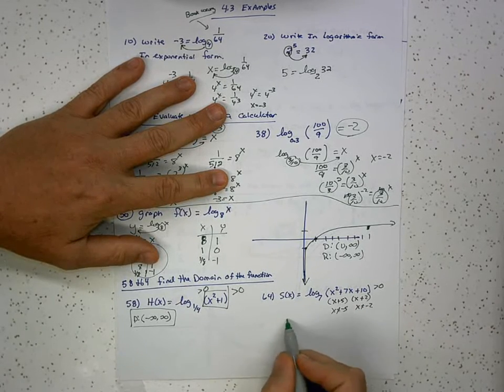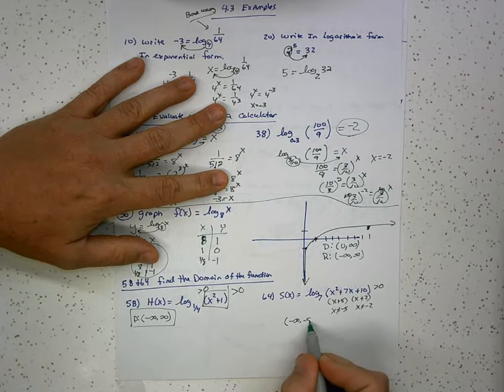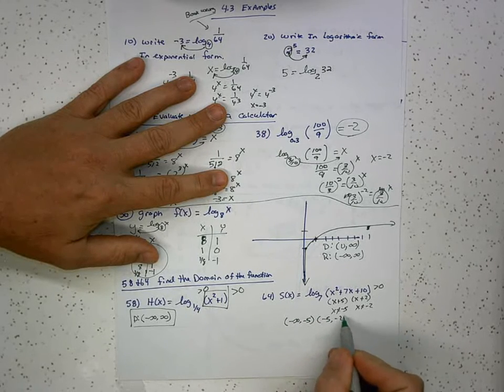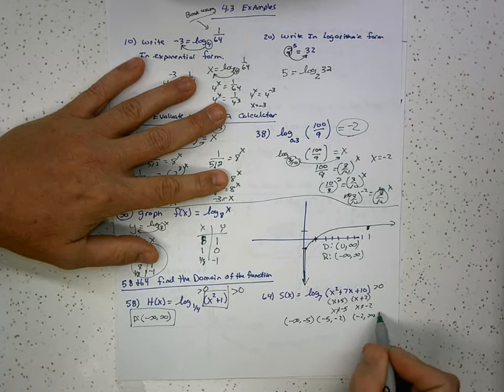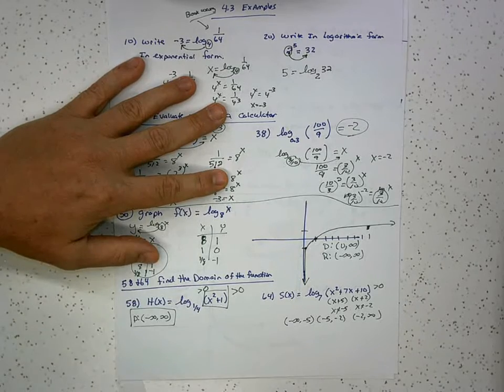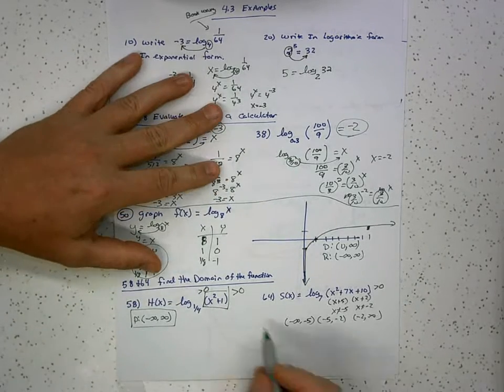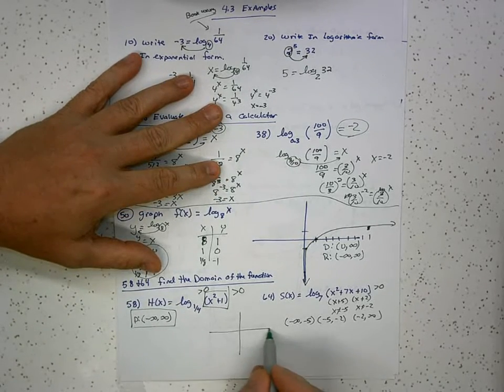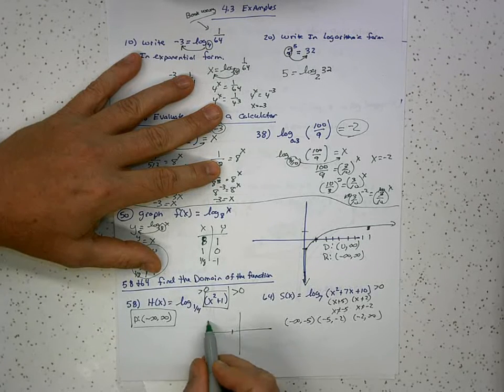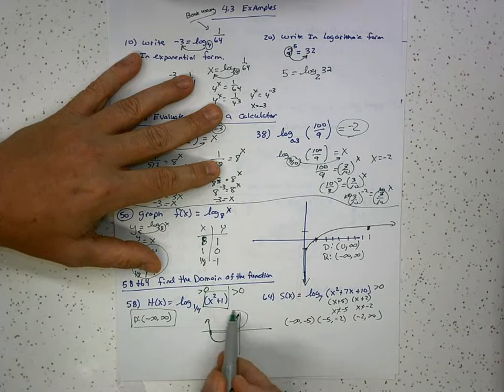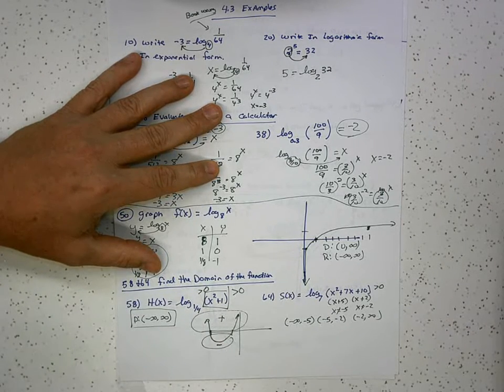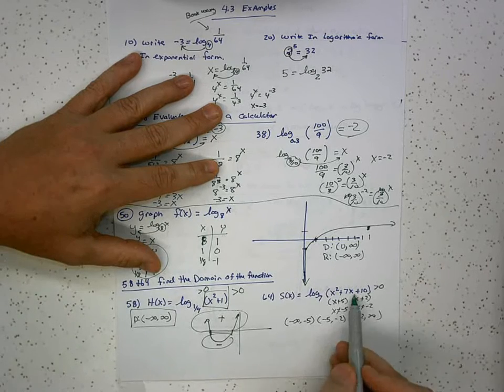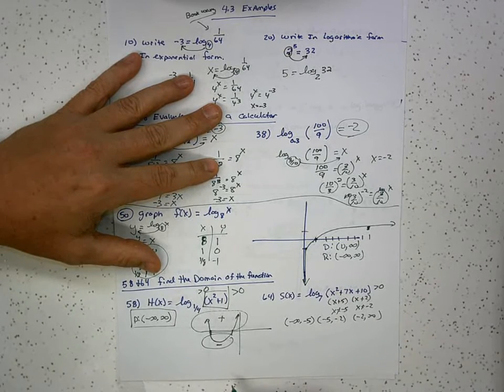So they'll give me this domain: negative infinity to negative 5, negative 5 to negative 2, and negative 2 to infinity. Because we've been able to do that so far because our graphs were continuous. But if I look at the graph of this, and I've got negative 5 and negative 2, my parabola looks like this. Well, these are the values where it's positive. These are the values where it's negative. Well, we can't have a negative value in with a logarithm there.